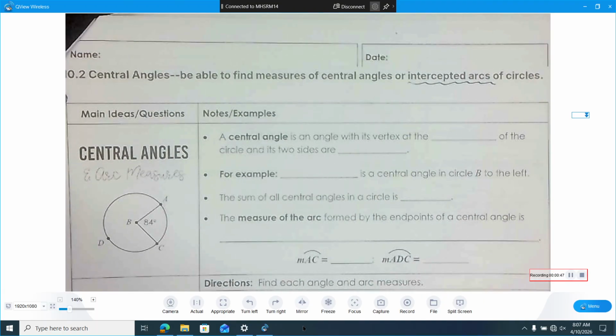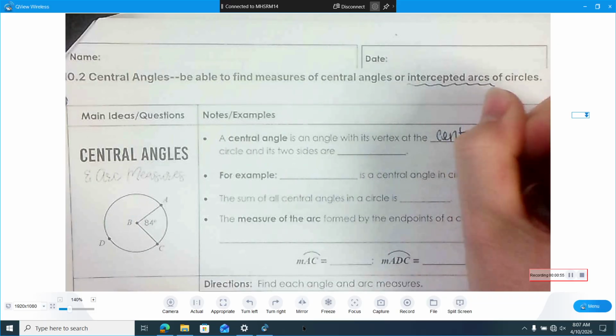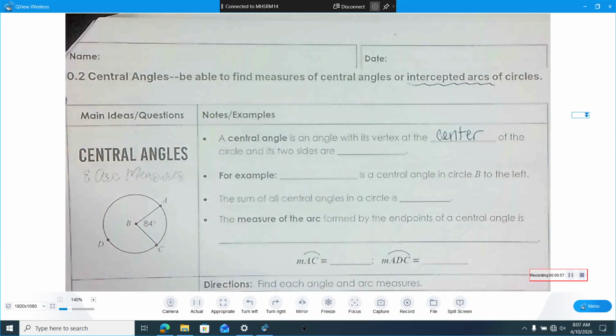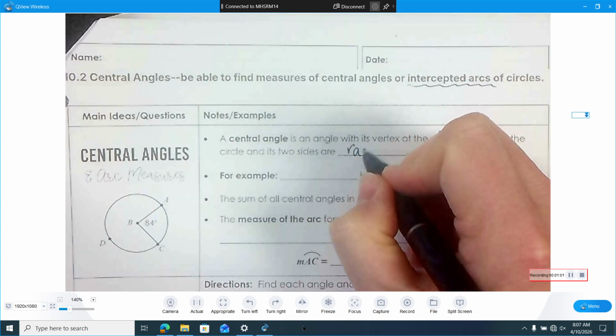So I'm going to talk about what an intercepted arc is. A central angle is an angle with its vertex at the center of the circle, and its two sides are radii.